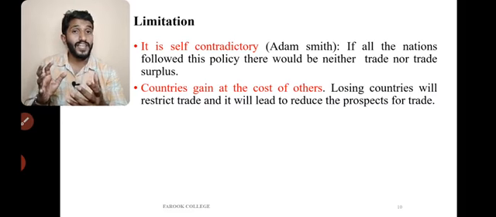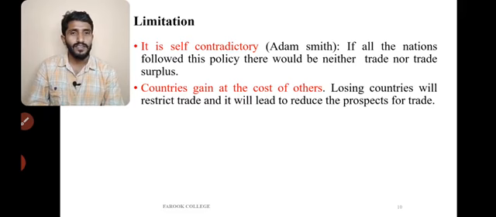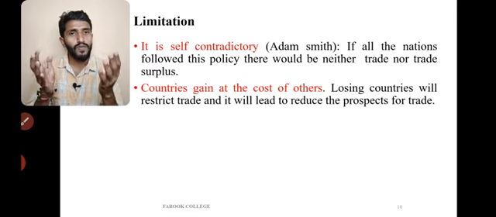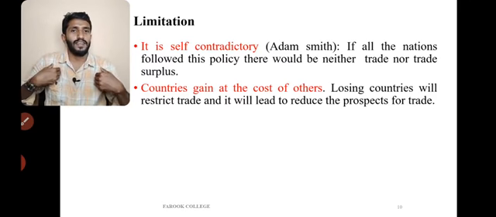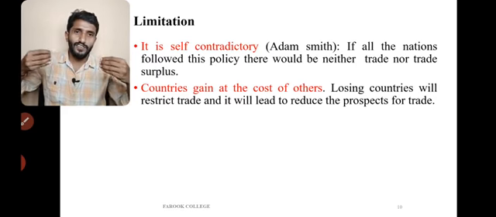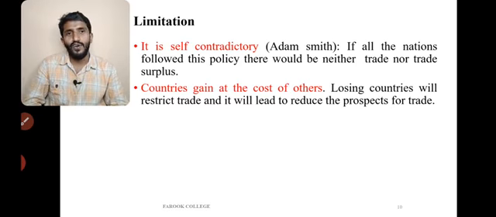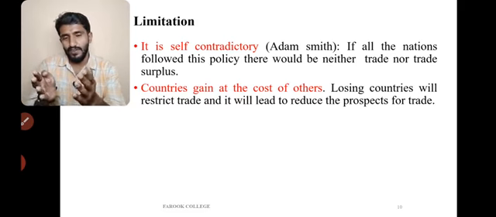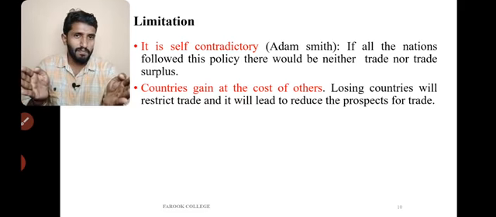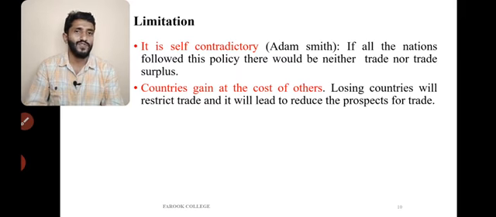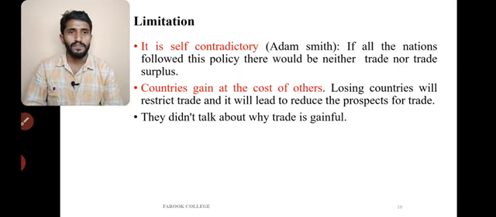Is there any chance of a long-run relationship between him and me? He won't be ready for trade, because he always loses and I am always gaining. So if one country is gaining at the loss of others, trade will not happen in the future. So this is another limitation.